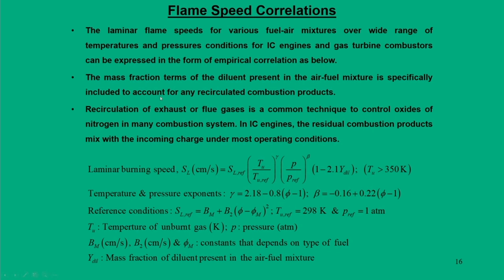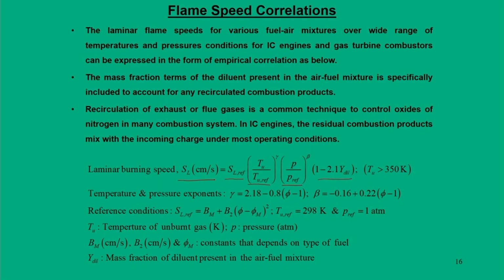If you look at these particular expressions, the calculation of laminar flame speed depends on three factors: flame speed at reference conditions, the effect of temperature of unburnt gases, the effect of pressure, and then the effect of dilutants.